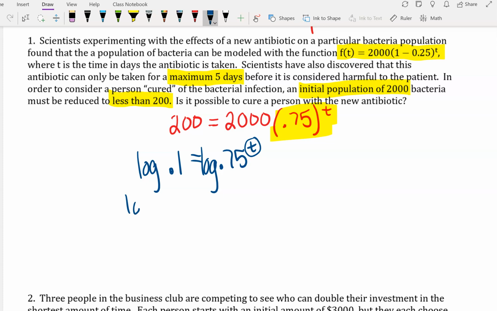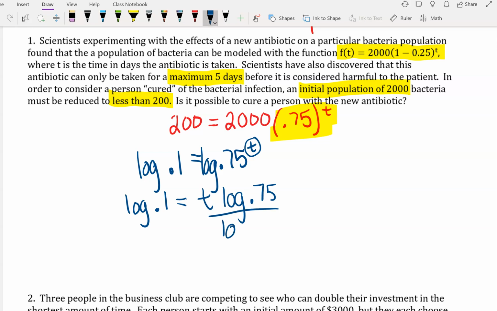So this is now going to be log of 0.1 equals t times log of 0.75. And the whole point of that was to move the t out of the exponent so that we can solve for it.